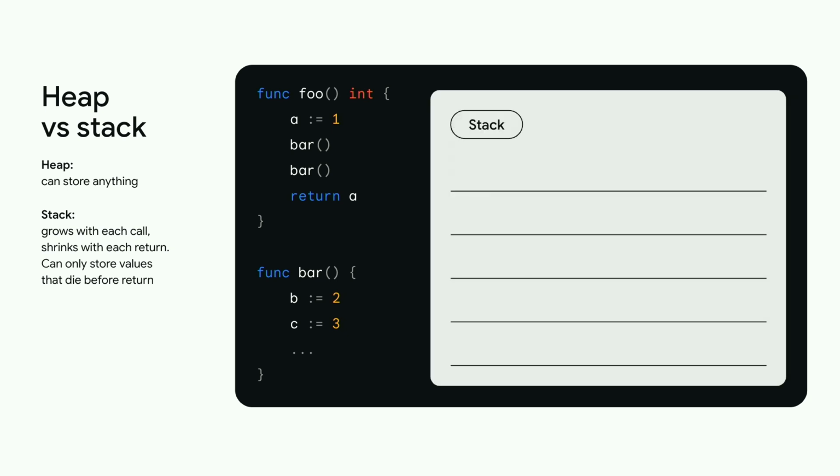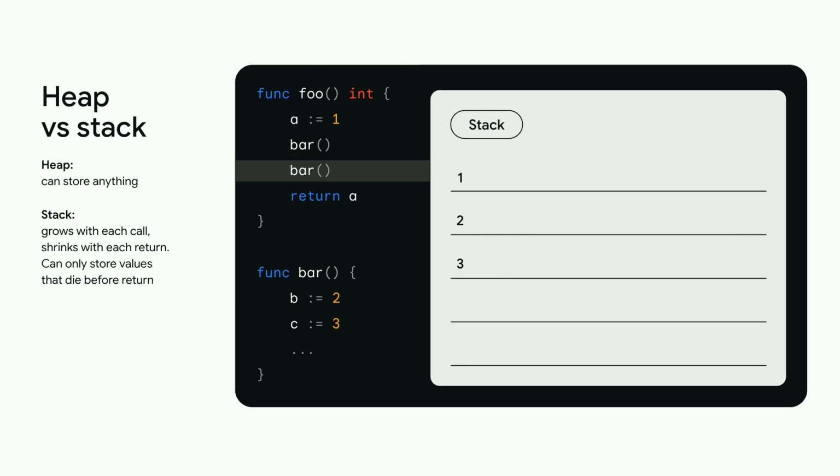We can see a quick example of how this works. On the right, the stack starts off as empty. When foo is called, we need space to store the A variable, so the stack size is increased, and we use 1 slot to store the value of A. When we call bar, we further increase the stack size to store the values B and C. And then when bar returns, we don't need B and C anymore, so the stack size decreases, and we've freed up that space.